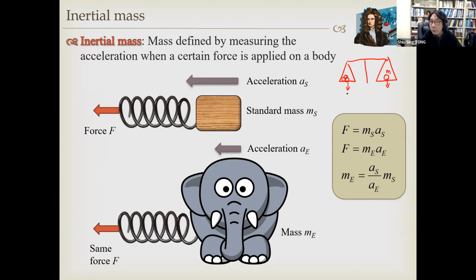Now, here we are comparing what? We are comparing the gravity force. When the gravity forces acting on the two bodies are equal, the level will get balanced. So in this situation we are comparing the gravitational force.